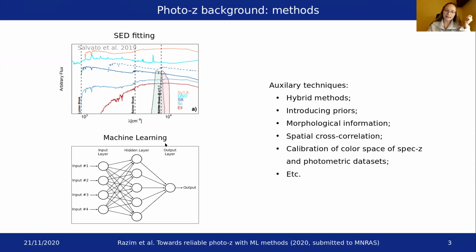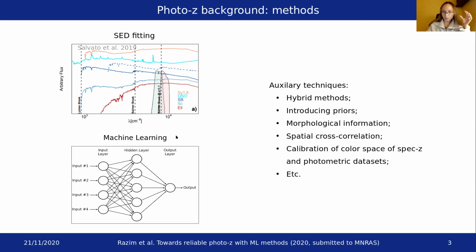Machine learning instead relies on the existence of a so-called knowledge base, a representative sample of galaxies for which we know both photometry and spectroscopy. And the machine learning algorithm tries to derive a correspondence between multiband, multidimensional photometry and spectroscopic redshift. And then the trained model can predict photometric redshifts given only photometry.